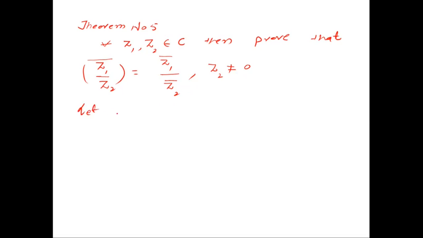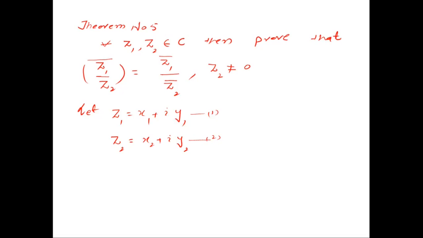Likewise, z1 equals x1 plus iota y1, equation number 1. Similarly, z2 equals x2 plus iota y2, equation number 2. What we have to do?